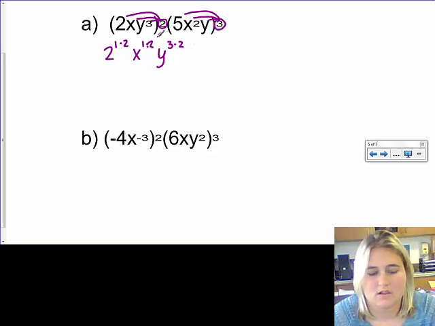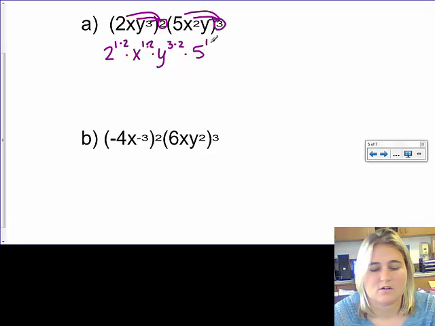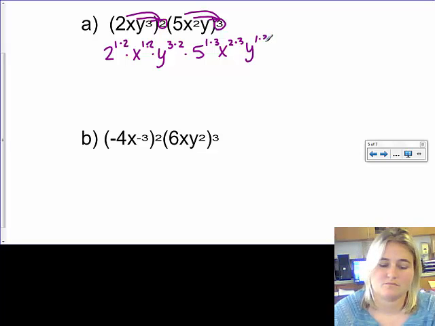And these parentheses, even though it doesn't look like it in my problem here, they're touching, so all of this is being multiplied by each other. Okay, so I'm going to continue what I have going on here. I have 5 to the first times the third, x to the second times the third, and y to the first times the third.